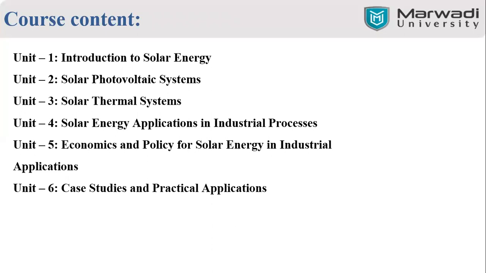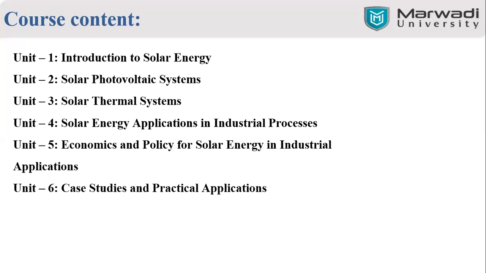In unit 3, we are going to talk about solar thermal system. Not only is there an application for electricity, there is also the requirement of thermal energy. So such kind of heat energy requirement can be fulfilled by different types of solar thermal system. And definitely as we have seen in the right hand side of the graph, the major energy consumption in India also, today also in the sector wise is the industrial sector.